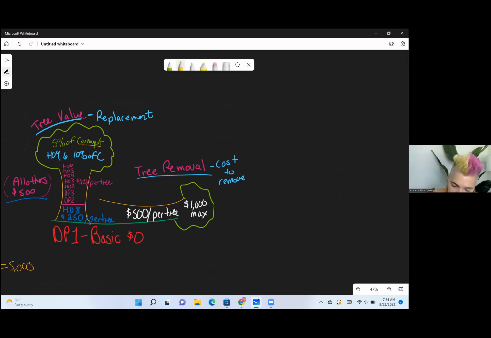Okay, so let's say they'll say something like, Bob's trees were struck by lightning. Okay, so Bob's trees had a peril, whatever that is. Let's say tree number 1 was $700 to remove, and it was $200 to replace.